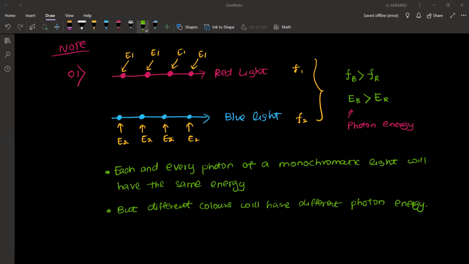Yeah, when we say monochromatic, it means a single color. So here red color is monochromatic. Only one color. Chromatic means color. Mono means single, so single color.